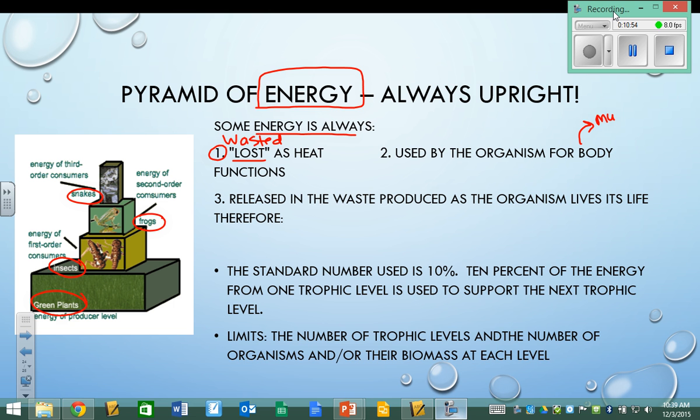So things like muscle contractions, for example. Anything about reproduction, anything about acquiring food or getting rid of waste. Those are all body functions. And some energy can be released in the waste produced. So when you breathe out CO2, some chemical energy is gone because there is chemical energy in the bonds of CO2.